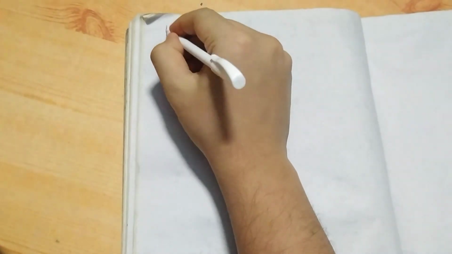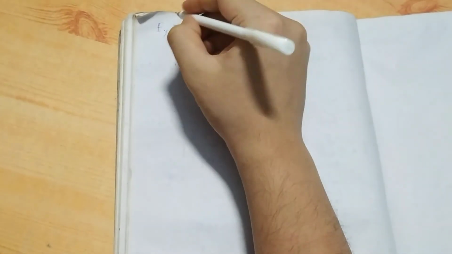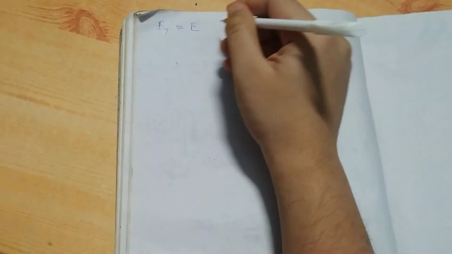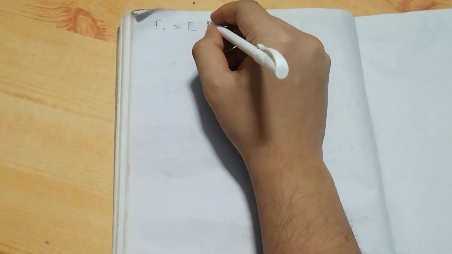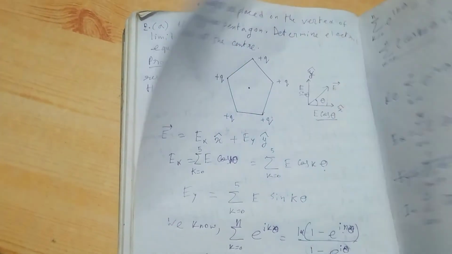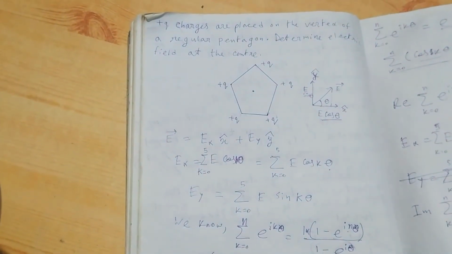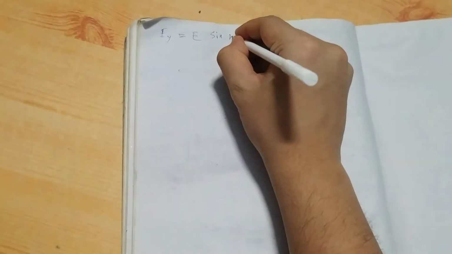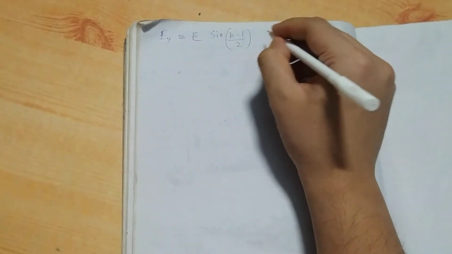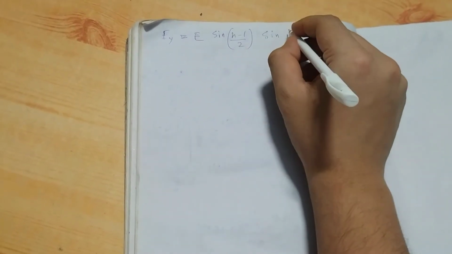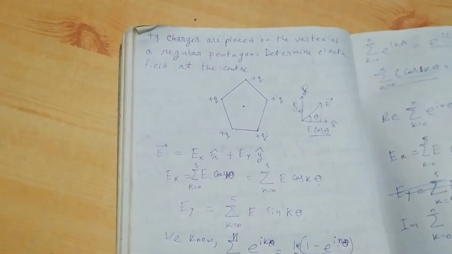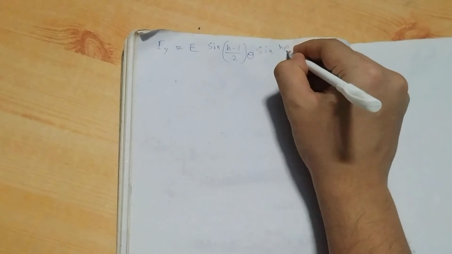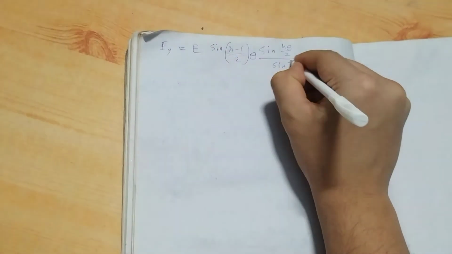Let's move forward. In the same way, we calculate Ey, where E is constant: E sine of (n minus 1) by 2 theta into sine n theta by 2 by sine theta by 2.